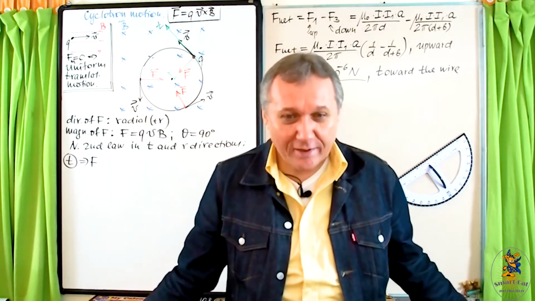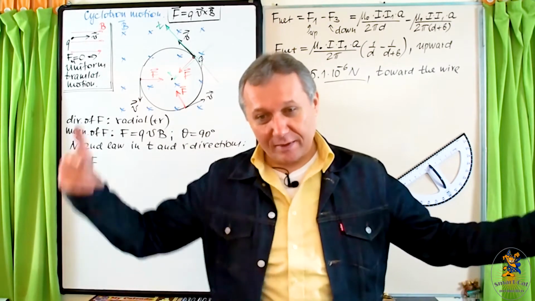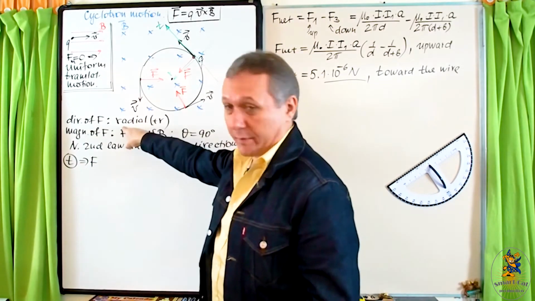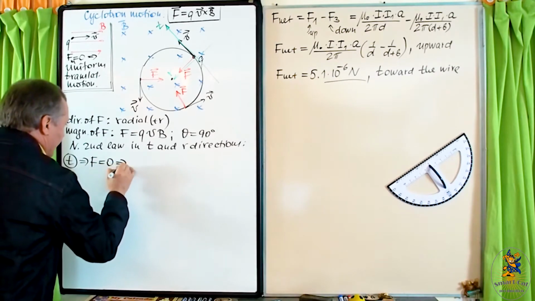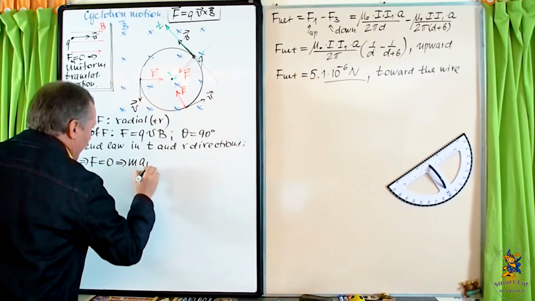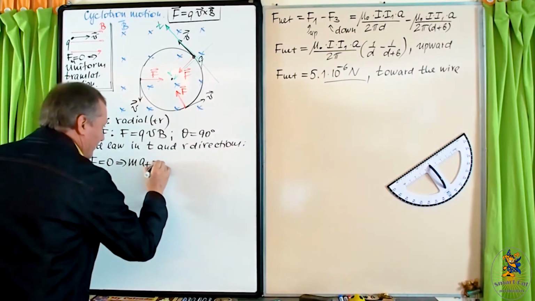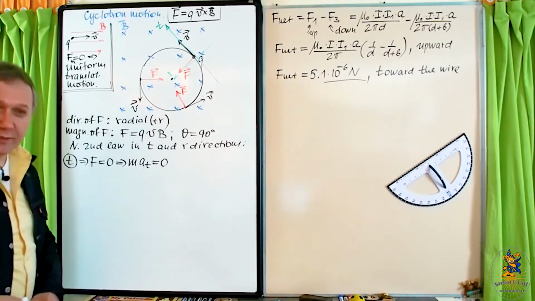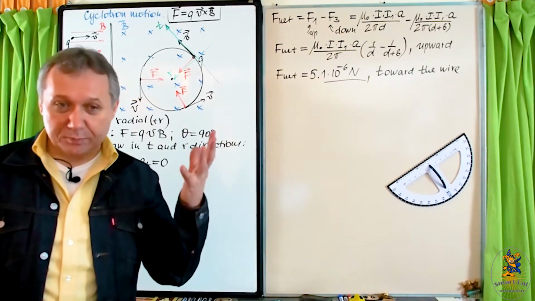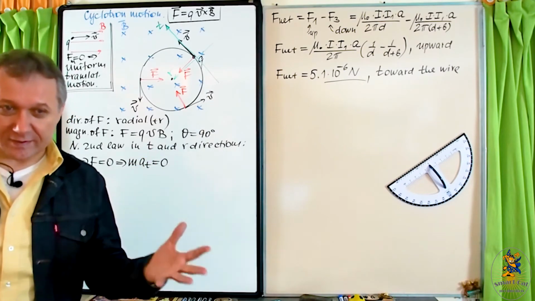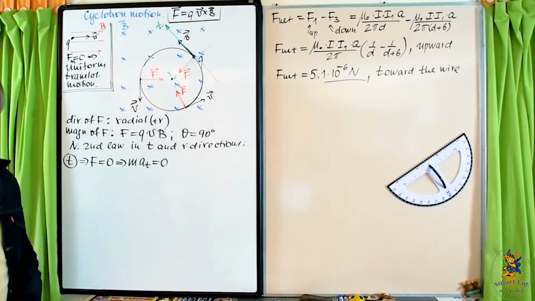Because there is no force acting in the tangential direction. We have only one force, magnetic, and that has a radial direction. So the force equals 0. As a result, Newton's second law, m times tangential acceleration equals 0, so tangential acceleration is 0. It means that the speed of the particle is the same. Uniform motion, like what we discussed conceptually a few minutes ago.